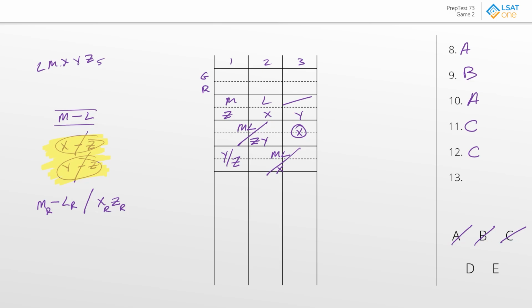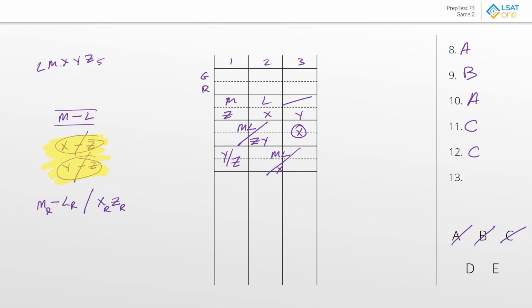But the real question then becomes, does that really ensure that they're not going to go before z? And, well, no, I suppose it doesn't, does it? Because wouldn't that allow you to do something like, let's go the other way, y could go at 2, z could go at 2, and then x could go before at 1, and then m and l would fit into the gold room rather easily.